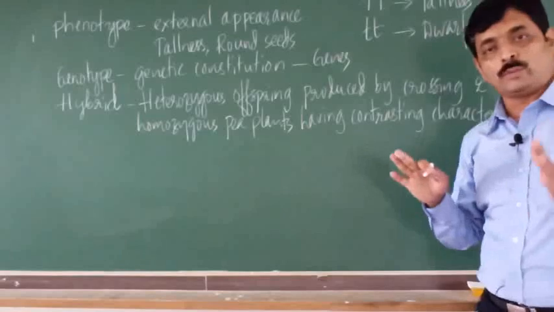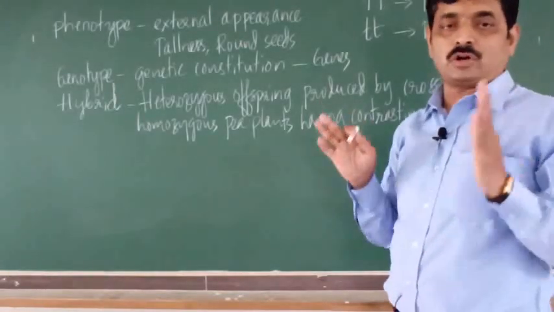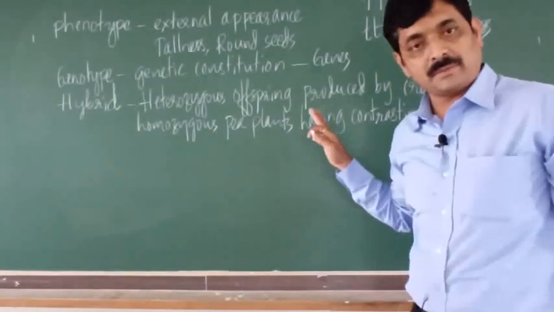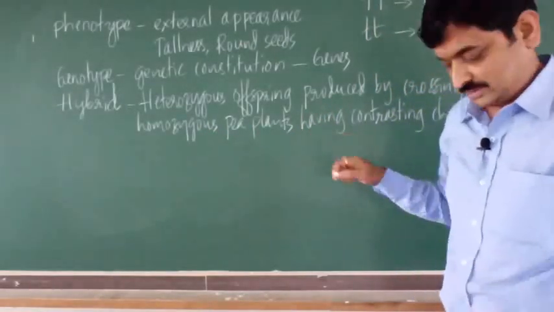So hybrids are always heterozygous because they are produced by crossing two homozygous pea plants having contrasting characters.